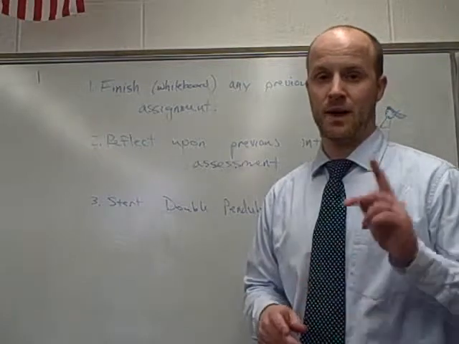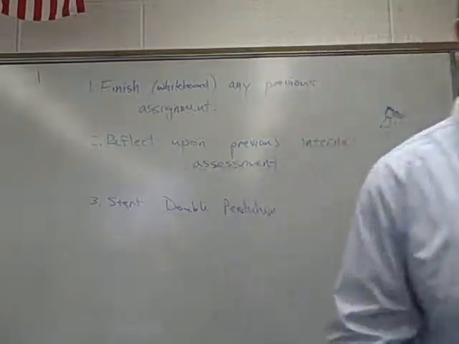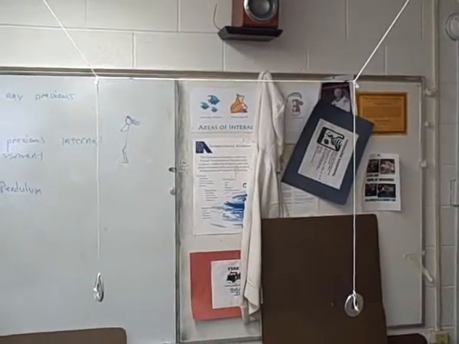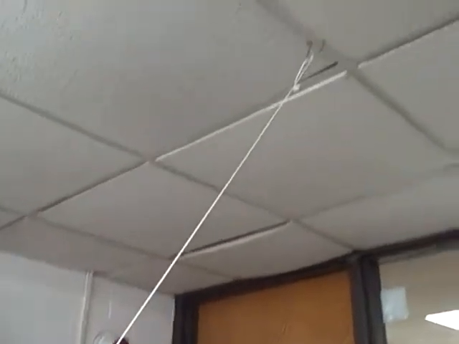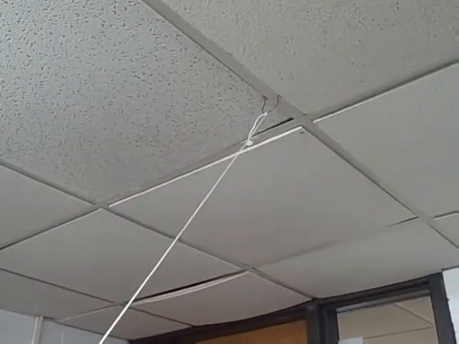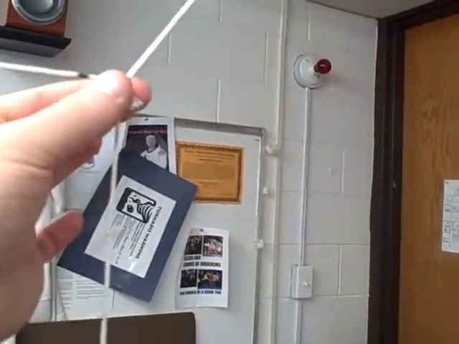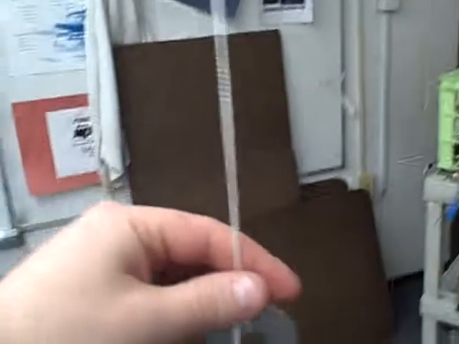All right, so I'm going to show you the setup. What I have here is a double pendulum. Notice that it's a rope or a string attached to the ceiling in one position, and it comes down. From that string, there's another string hanging down with some sort of mass on the end.